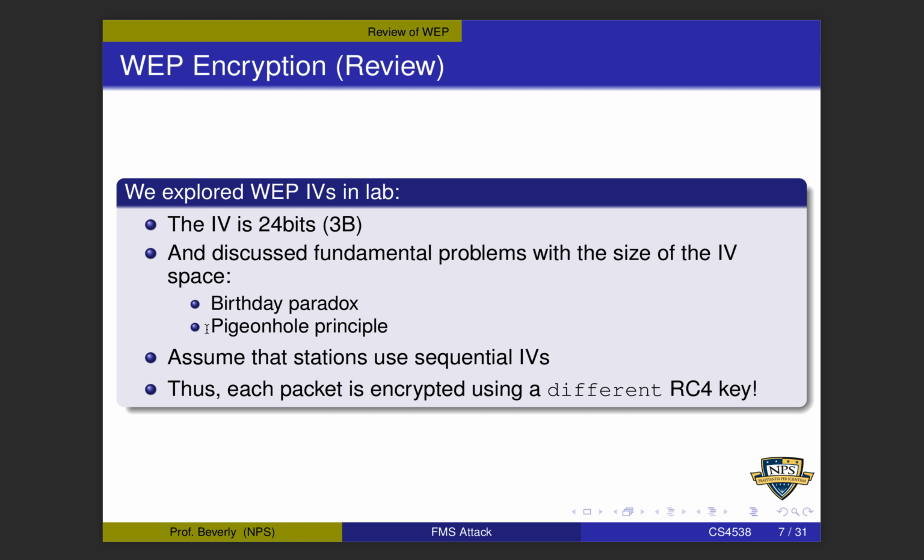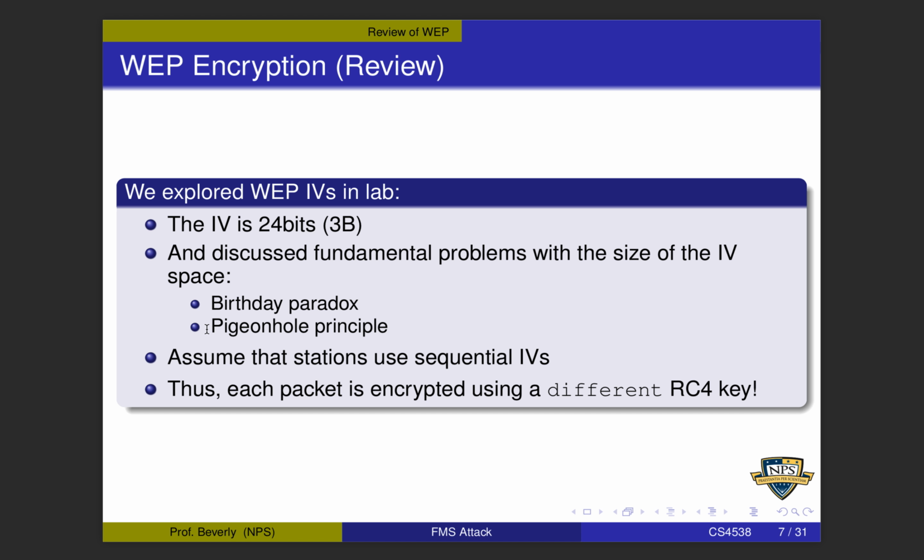We've explored WEP initialization vectors in the lab. Again, the IV is only 24 bits. And we discussed fundamental problems with the size of the IV space. For instance, we're presented with the birthday paradox and the pigeonhole principle. We're going to assume that stations adopt the most reasonable strategy, which is to use sequential initialization vectors.